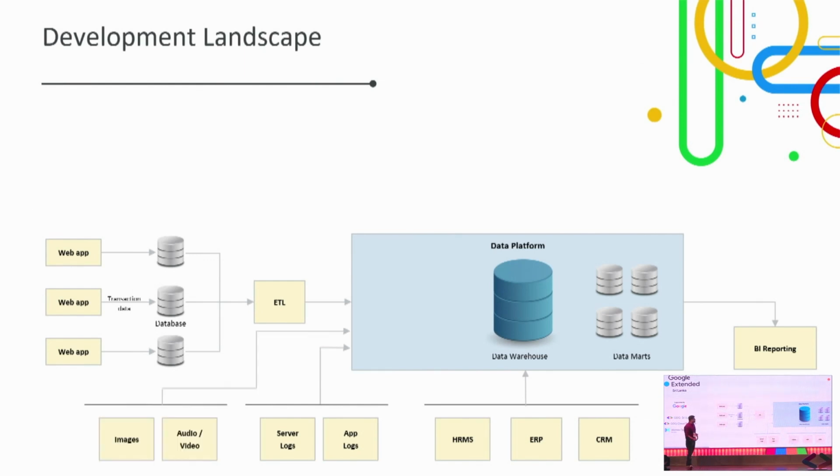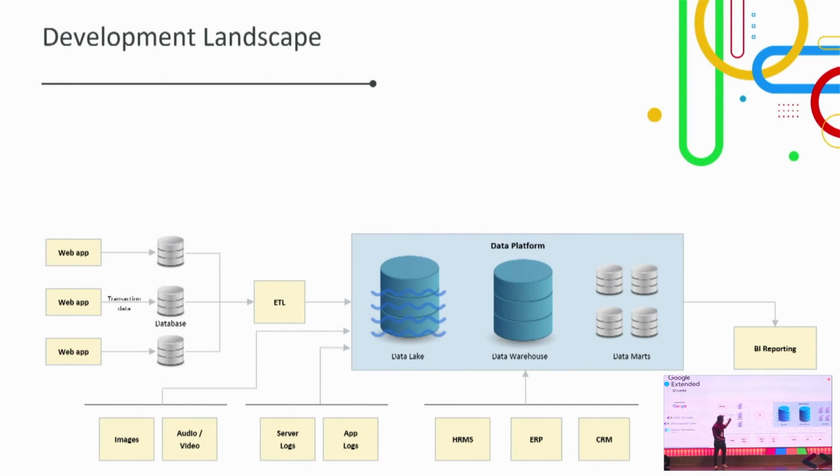That's the reason organizations started employing something called a data lake. Now a data lake allows you to store flat files, whereas a data warehouse will allow you to store all the structured data, right?